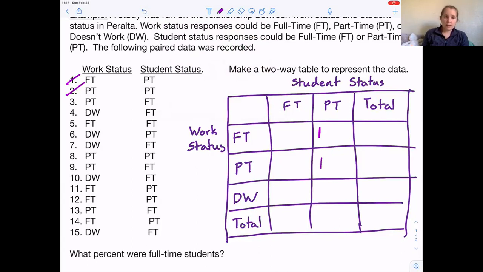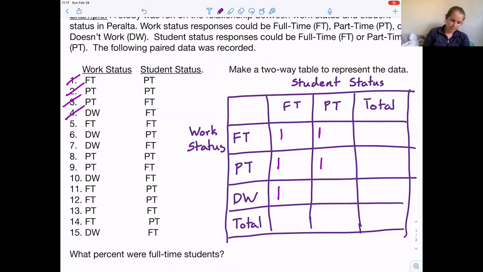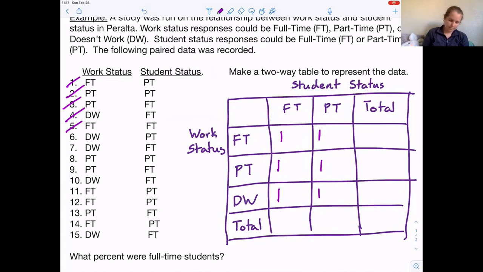Then we have part-time work and full-time student, so that would be here. Don't work, full-time student would be there. Work full-time and full-time student. Don't work and part-time student. Don't work and full-time student.